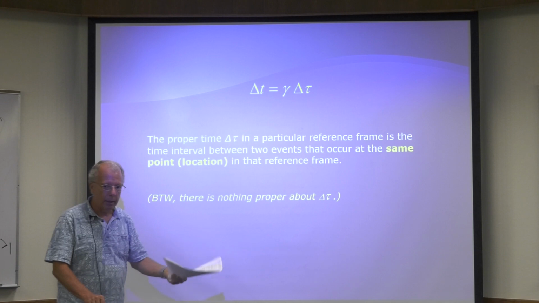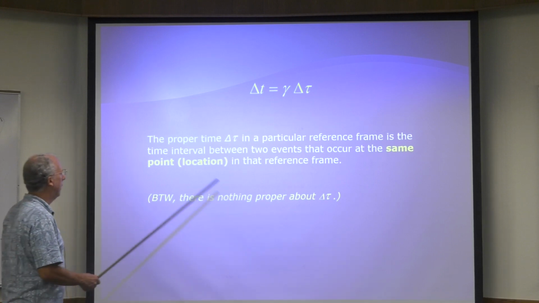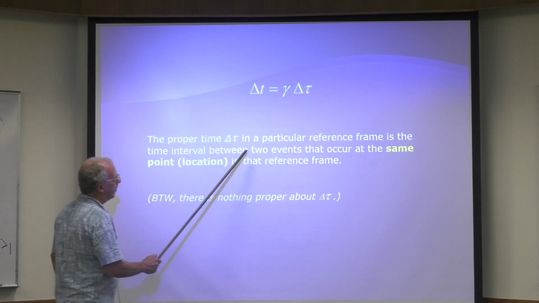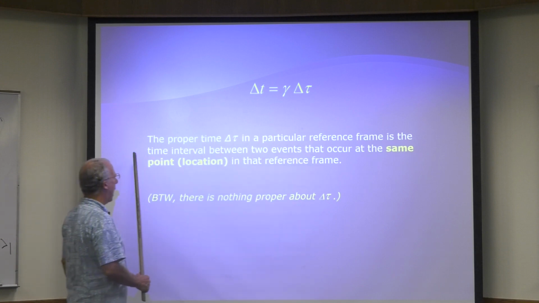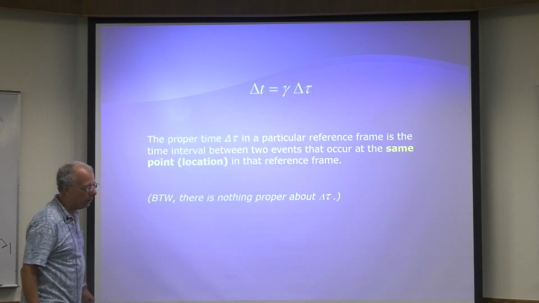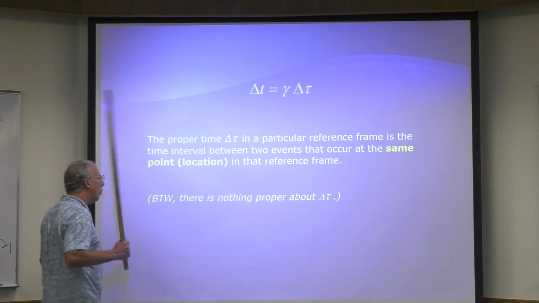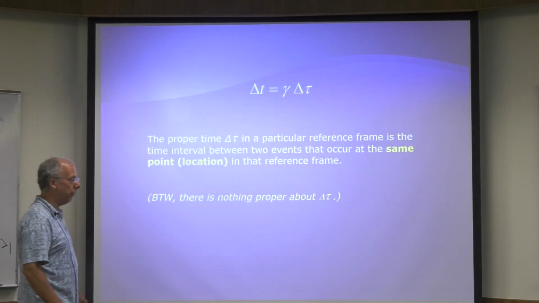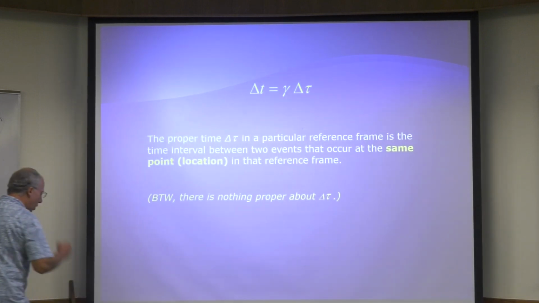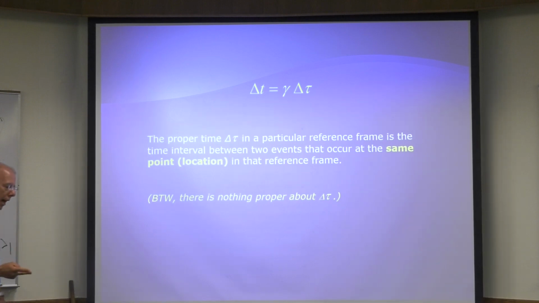So you have to know this. Let's say it again. Proper time delta tau in a particular reference frame is the time interval between two events that occur at the same location in that reference frame.